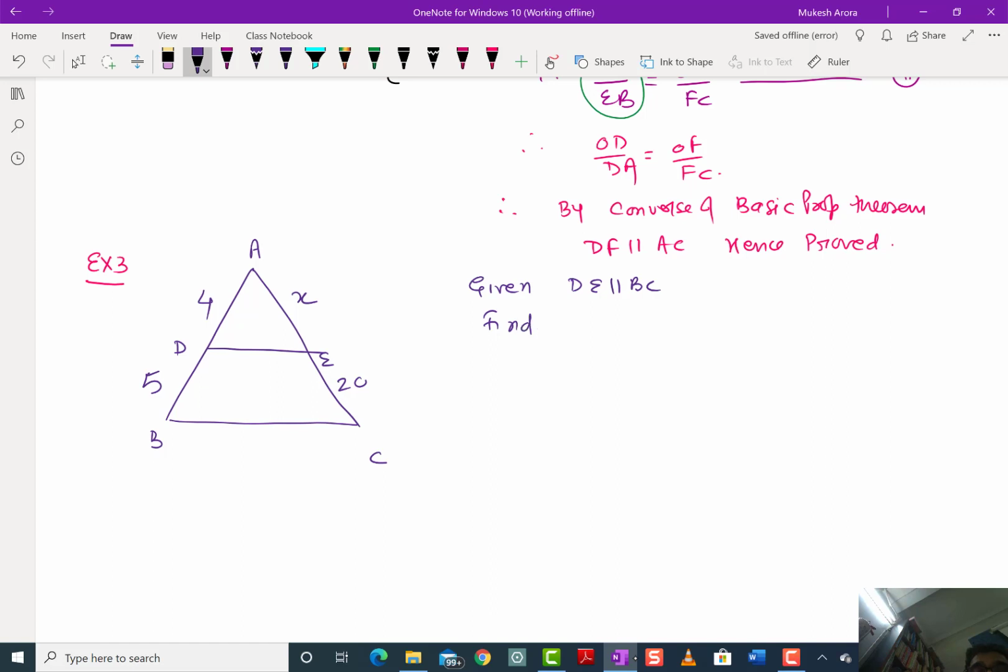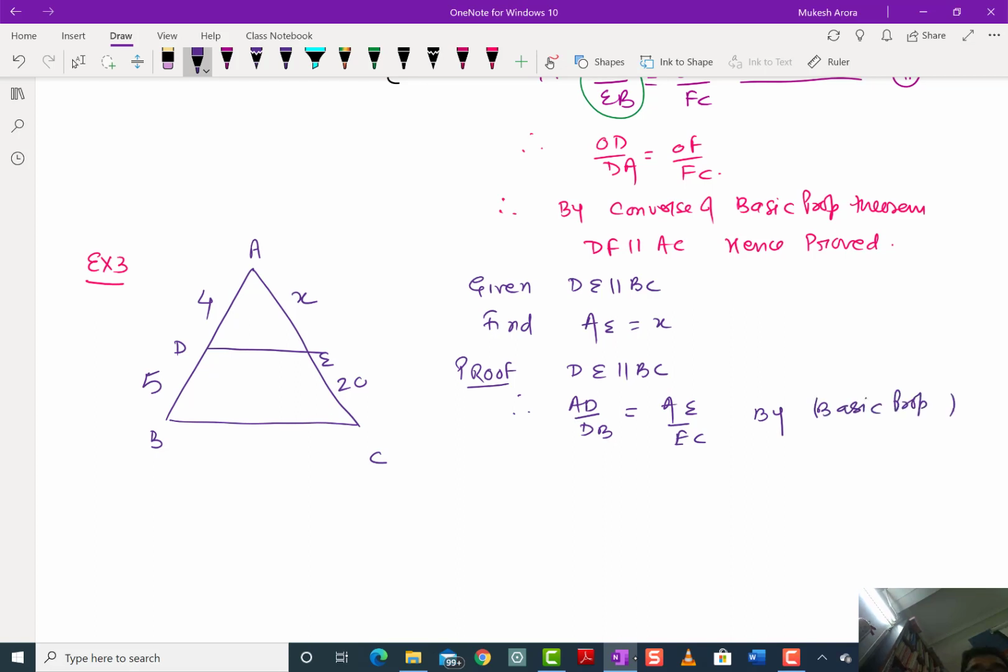Find AE or X. Proof: DE is parallel to BC, therefore AD upon DB is equal to AE upon EC by the basic proportionality theorem. So 4 by 5 is equal to X by 20. X is equal to 4 into 20 by 5, so X is equal to 16 centimeter. That is all for today.